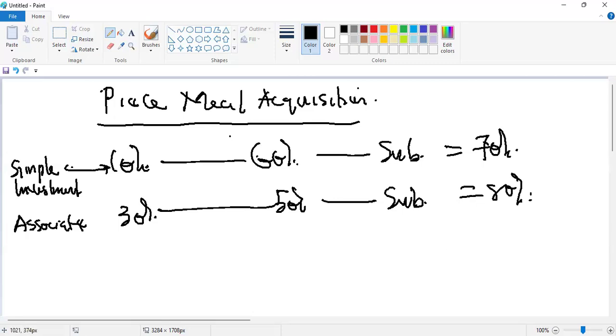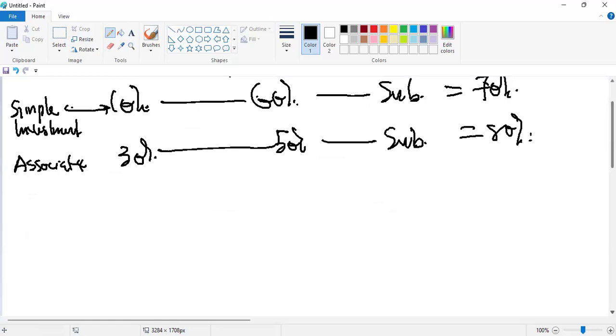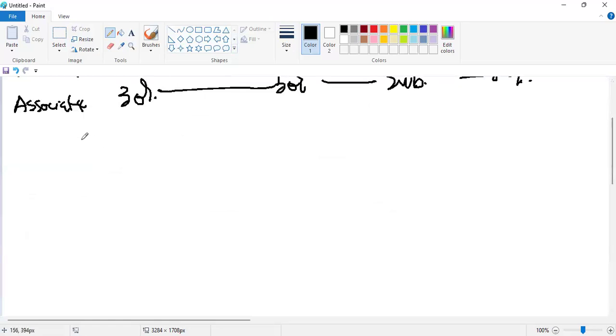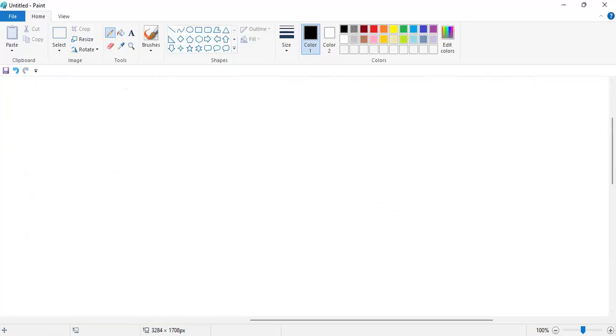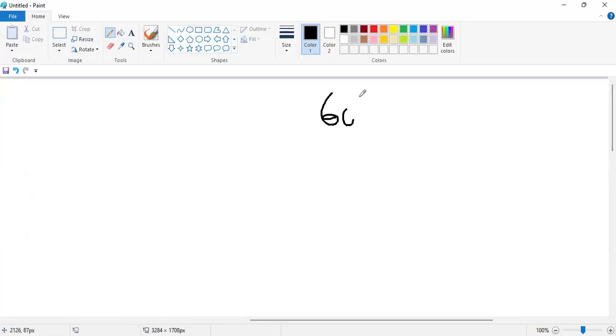Things to know when it is piecemeal acquisition. Don't forget, it's different from when he has 60%. He now acquires an additional 30%. He has control initially.